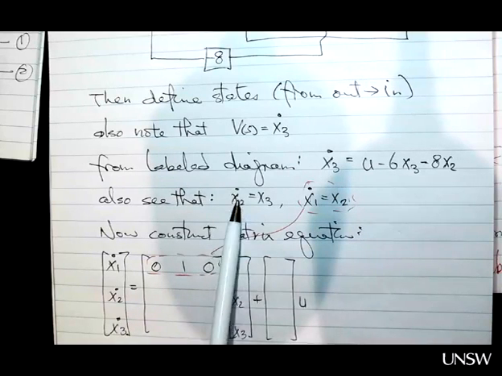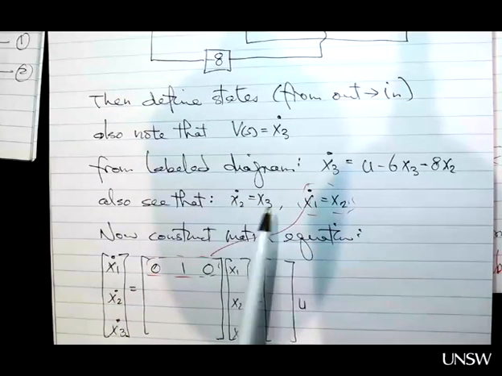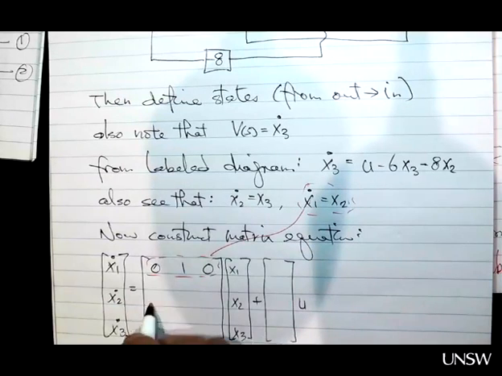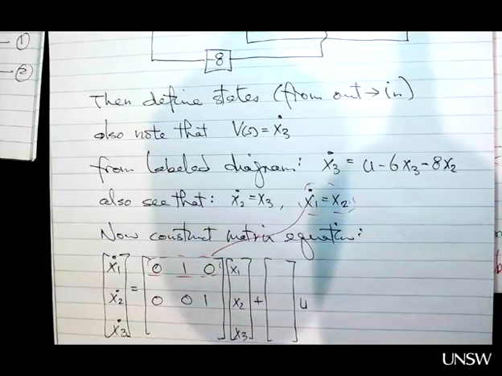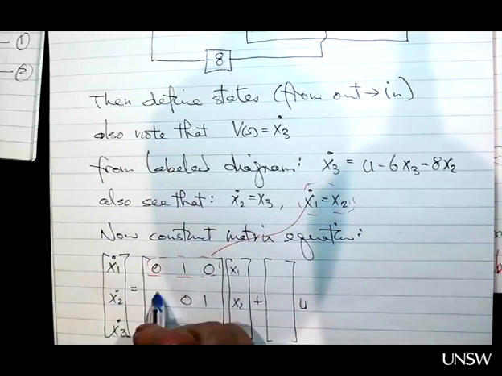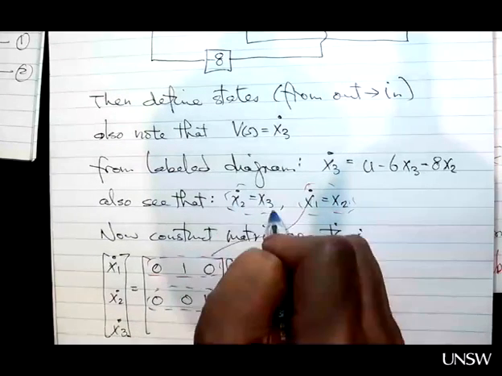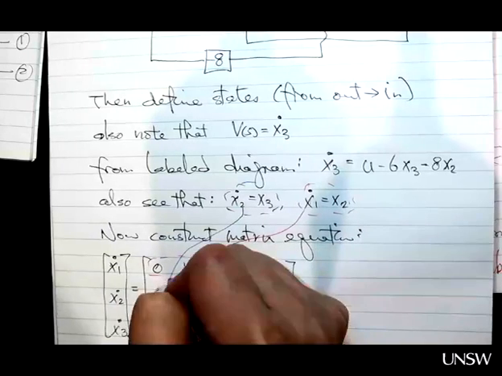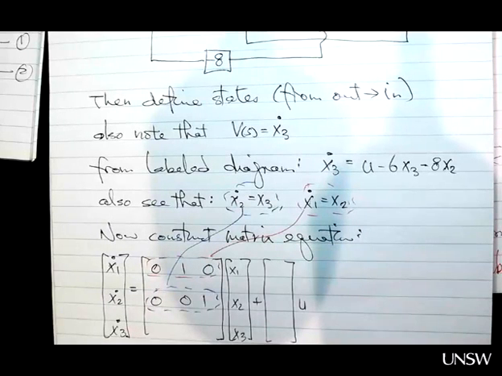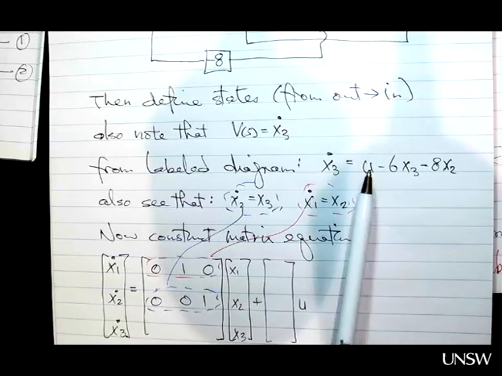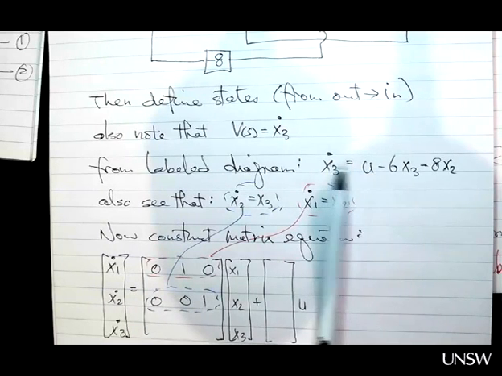And then for the x2 dot equals x3, independent of x1 and x2. So we have a 0, 0, 1. So this row corresponds to this equation. Finally, for the x3 dot, we have a u that affects x3 dot only, and the scale is 1.